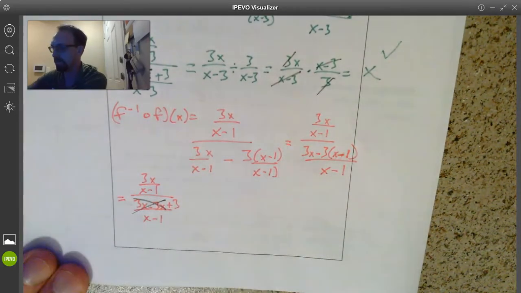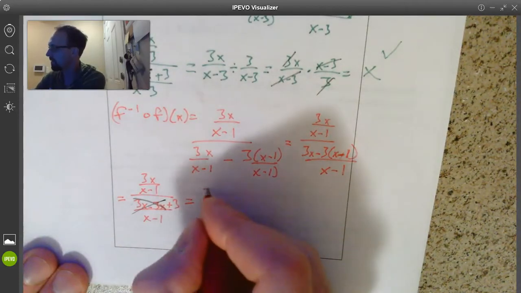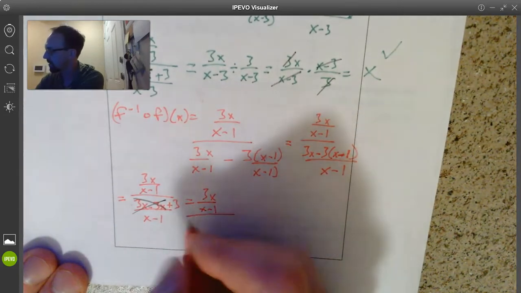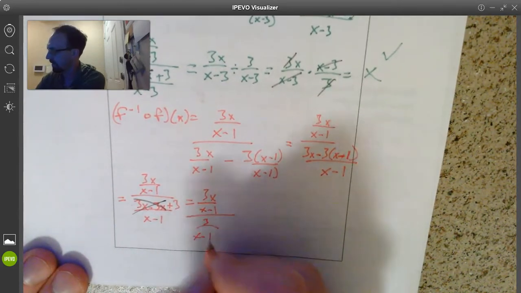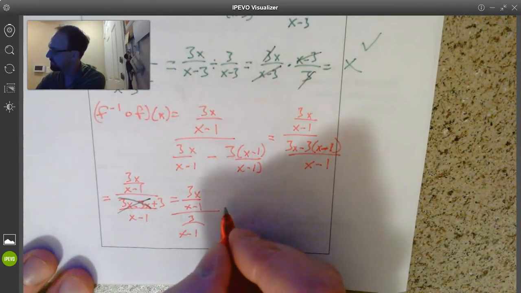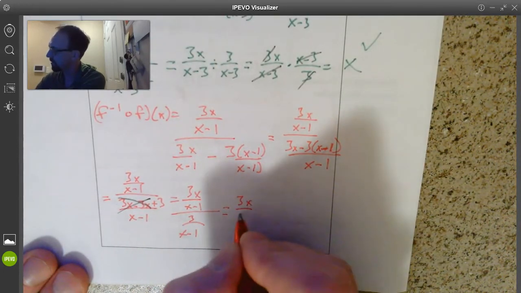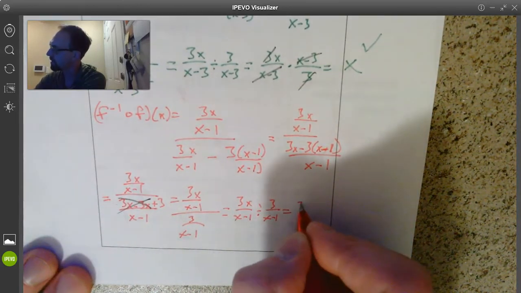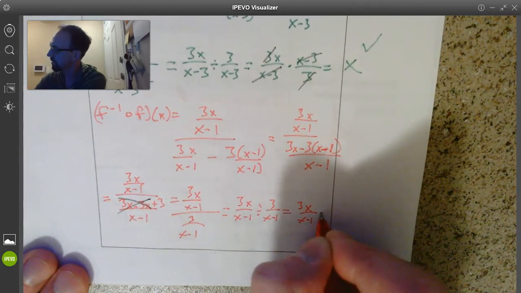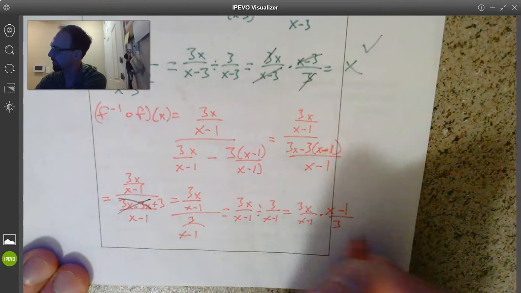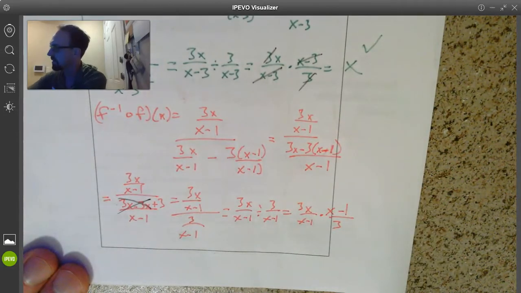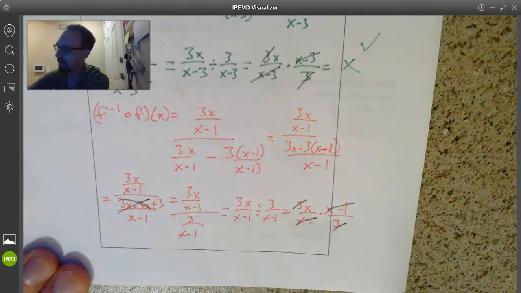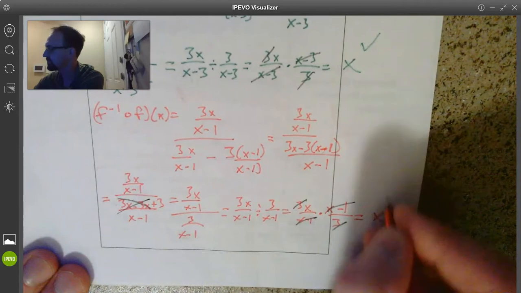The 3x terms cancel, and we have 3x over x minus 1 all over 3 over x minus 1. So we have 3x over x minus 1 divided by 3 over x minus 1, which equals 3x over x minus 1 times the reciprocal, x minus 1 over 3. We simplify here and here, and now we're left with just x.